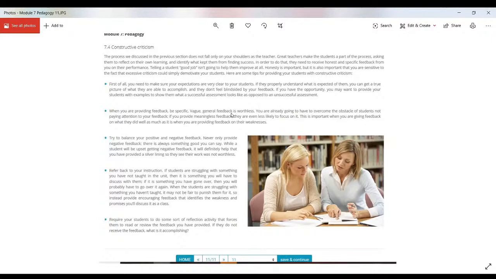If you provide meaningless feedback, they are even less likely to focus on it. This is important when you are giving feedback on what they did well as much as it is when you are providing feedback on their weaknesses. All right, so they need both their strengths and weaknesses so they know where to work on.